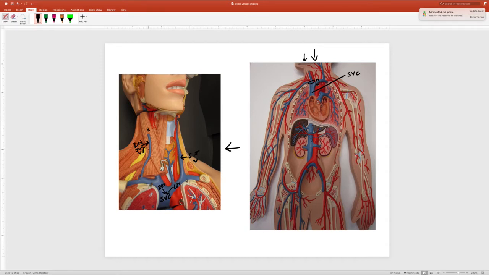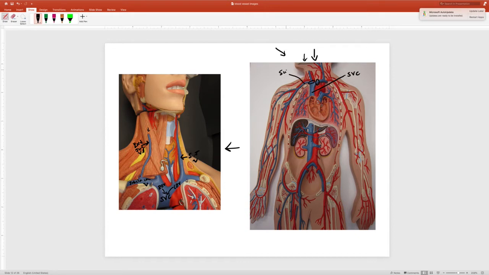The jugulars drain blood into our next vein here, which is the subclavian vein. Just like we have a subclavian artery, we have a subclavian vein. On this picture over here, our subclavian vein is right here.